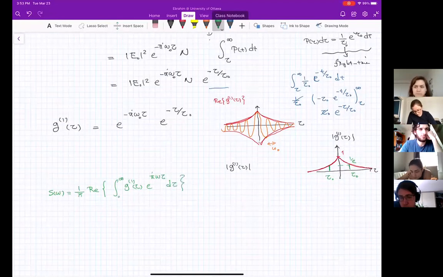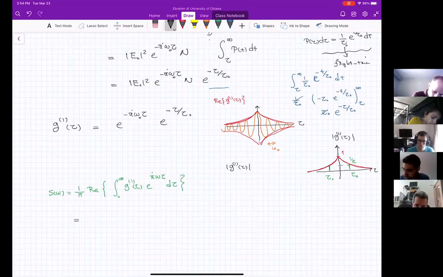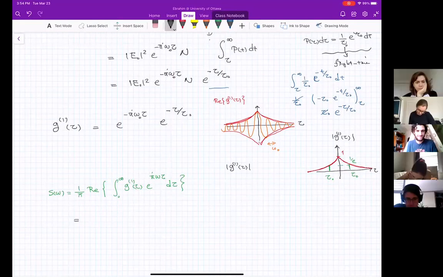Now you do appreciate why I spent time deriving that equation for you. Anyone can make a guess? It's a Lorentz function. Exactly. Decay will give you a Lorentz function. Excellent.